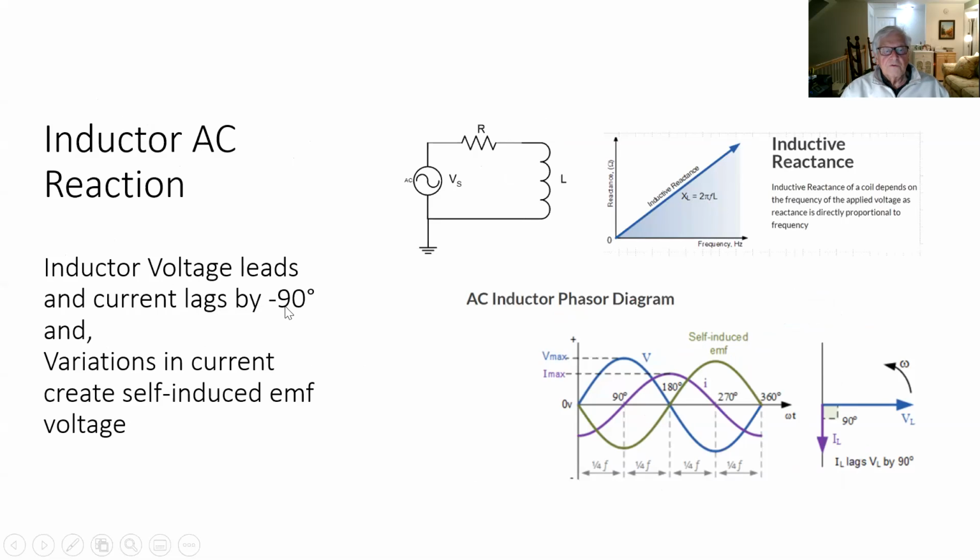So the current follows the voltage and is 90 degrees away from it, as seen from this diagram right here, and shown also as a phasor down here. So IL is minus 90 degrees as compared to VL.